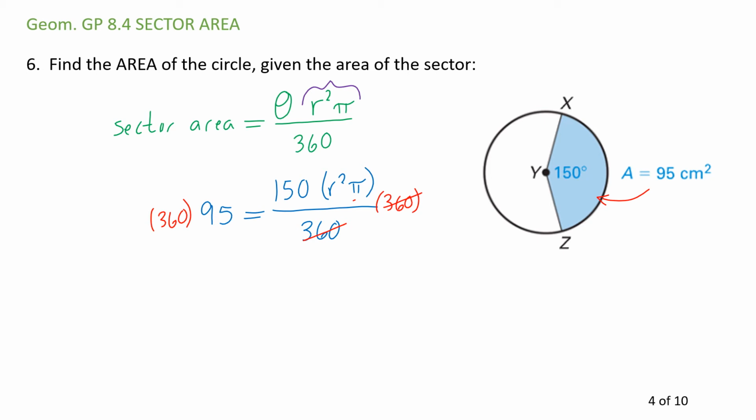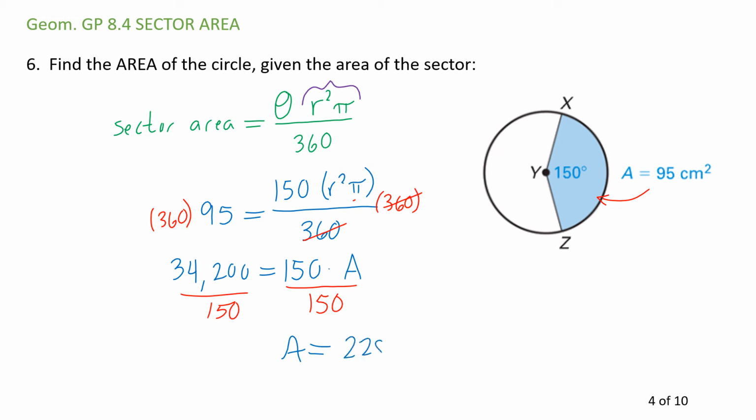And you have 34,000. And I went ahead and wrote it as area because that's what I'm looking for. Is 228.